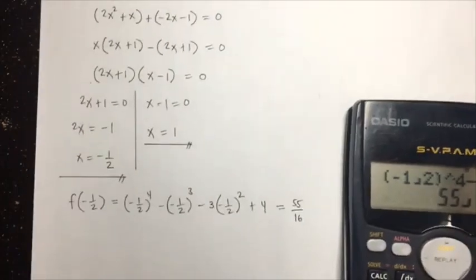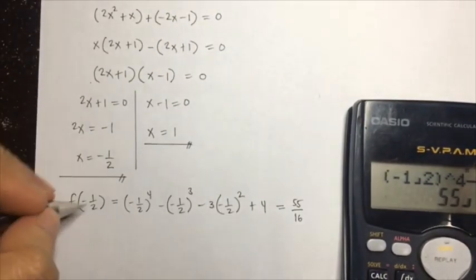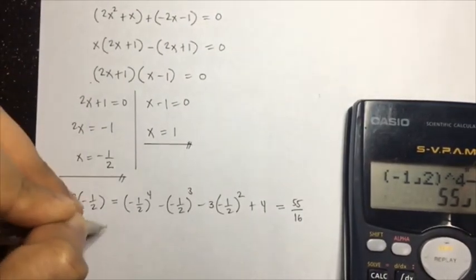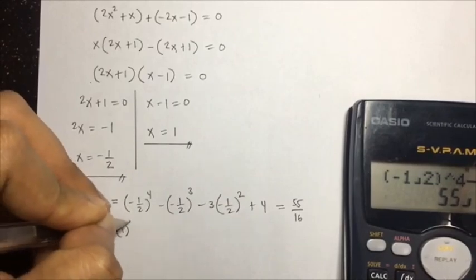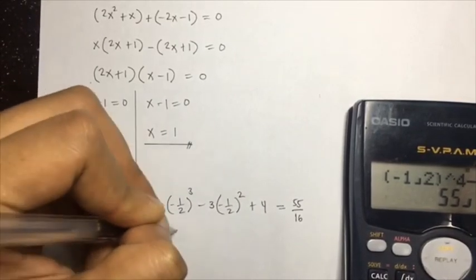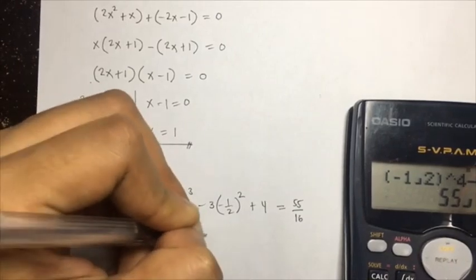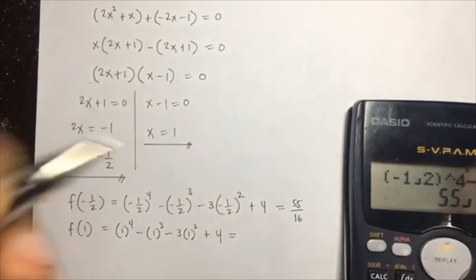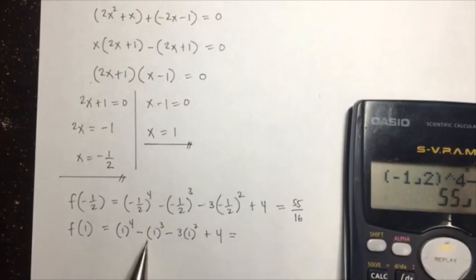16. Okay, so at x is equal to 1, so f of 1 is equal to 1 to the power of 4 minus 1 cube minus 3 times 1 squared plus 4. So 1 minus 1, 0 minus 3, and then plus 4, that is 1.